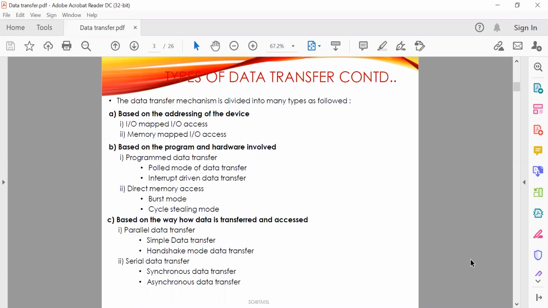Okay, now the basic idea is to transfer blocks of data directly between the memory and the peripherals. Okay, a large number of data can be transferred easily using this technique. Even though the transfer is done without the processor, the processor initiates the DMA operation.